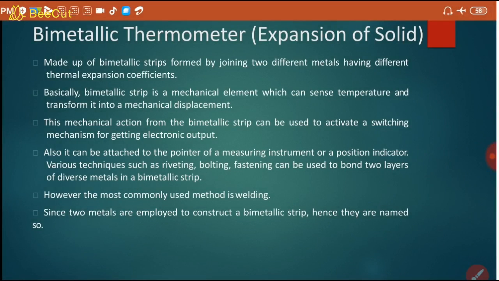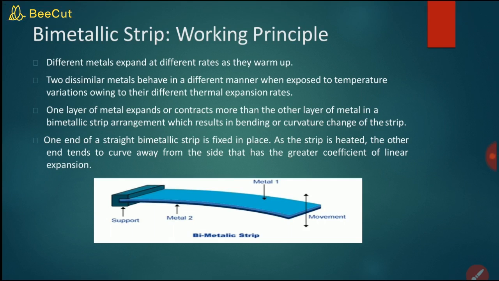Various techniques such as riveting, bolting, fastening can also be used to bond two layers of diverse metals in a bimetallic strip. However, the most commonly used method is welding. Since two metals are employed to construct a bimetallic strip, it is called a bimetallic thermometer.